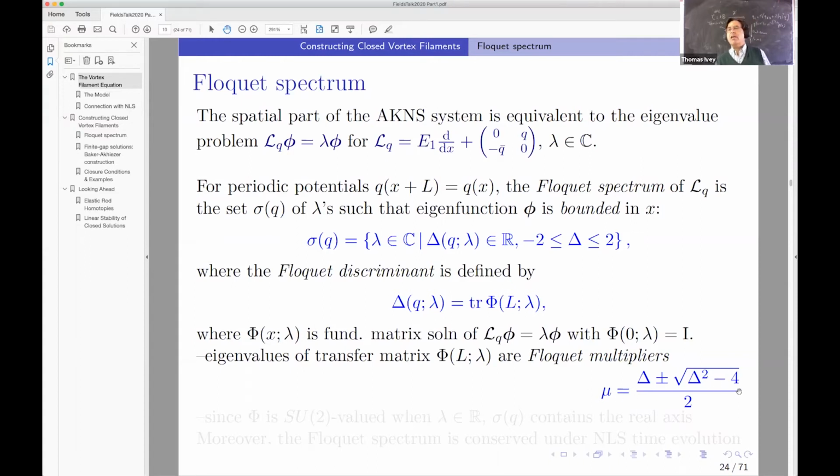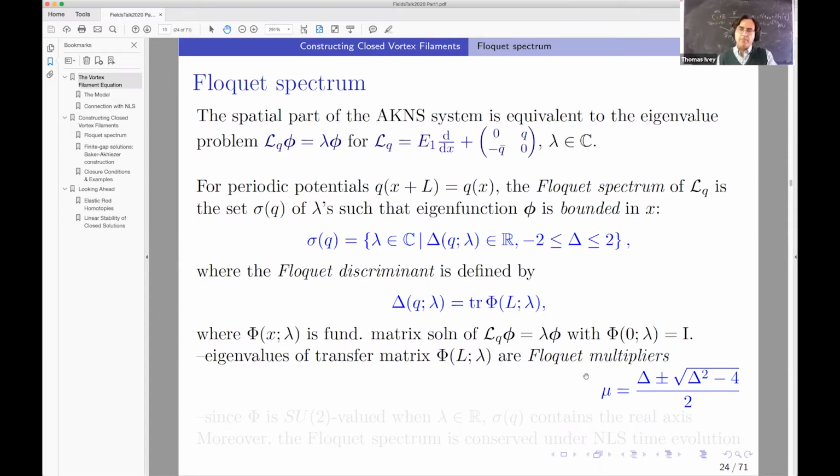So those are called the Floquet multipliers. For every Floquet multiplier, there'll be a solution that grows by that multiple over one period in x. And if this trace is between -2 and +2, then the Floquet multiplier is unit modulus. So we have something that's bounded over one period and hence bounded for all x.